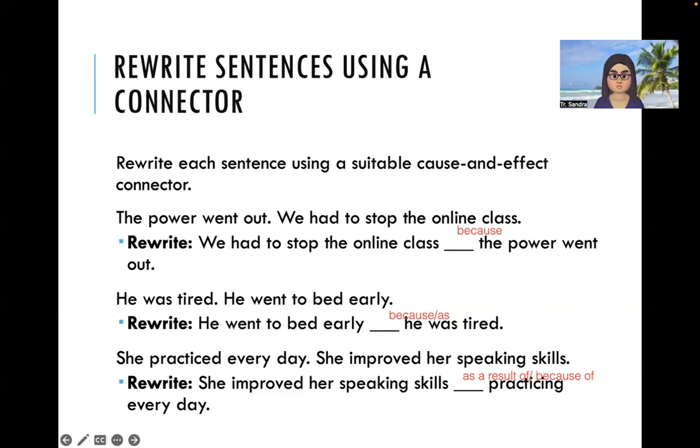We usually use since at the beginning of the sentence or in the middle of a sentence, okay? Sometimes it can be interchangeable with because, but it can sound a bit more indirect and casual, okay?